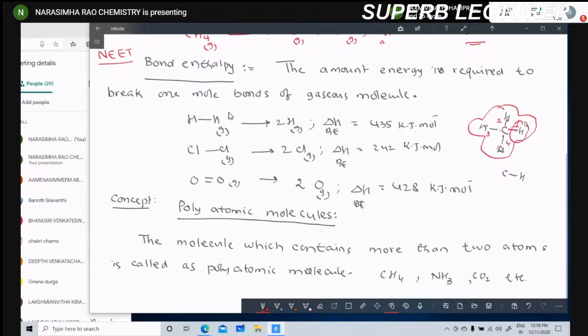After removing this hydrogen, breaking the next one leaves carbon associated with 2 hydrogen atoms. So the chemical atmosphere is changed, so the C-H1 bond energy is not equal to the C-H2 bond energy. In breaking the last C-H, only one C-H bond is there, so it also differs. All C-H bonds are different, so we have to take the average C-H bond energy.